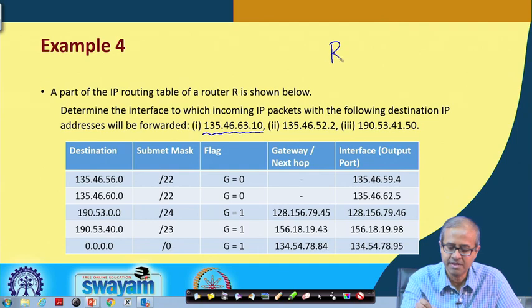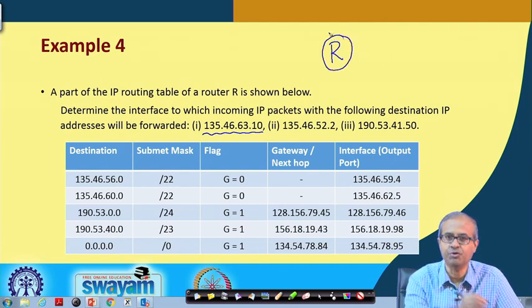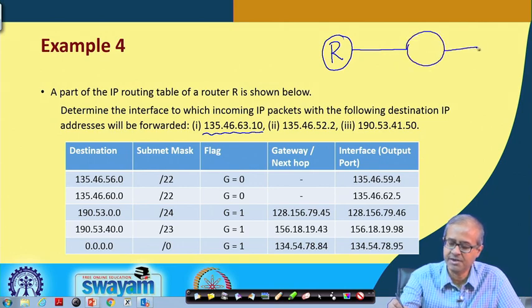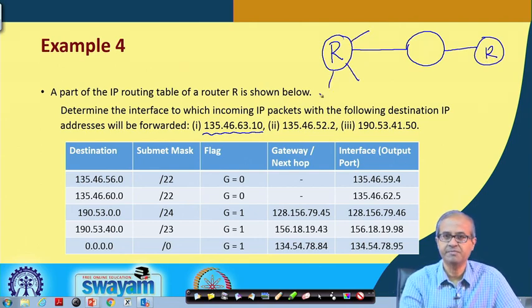Suppose I am considering the routing table of this particular router. This router may be connected to some other network, that network may have some other router, and there may be multiple outgoing links.